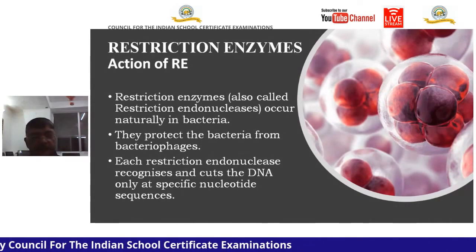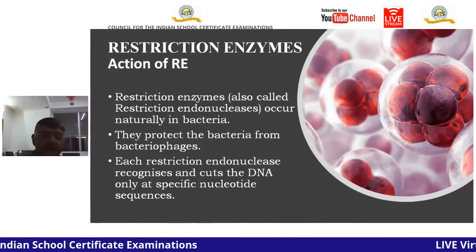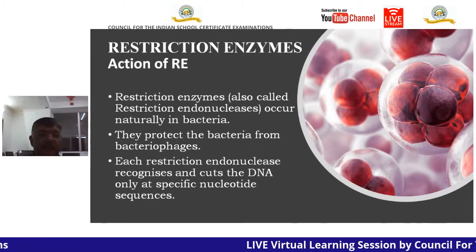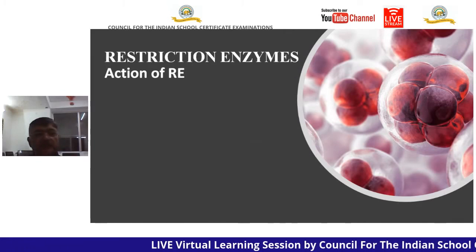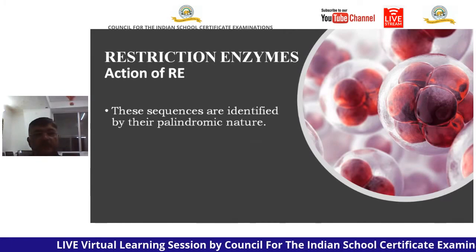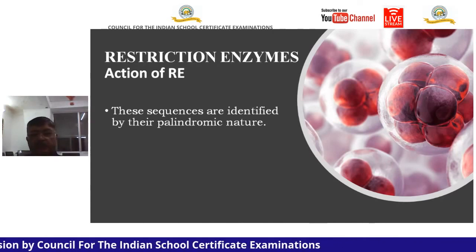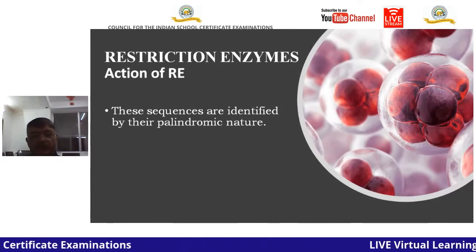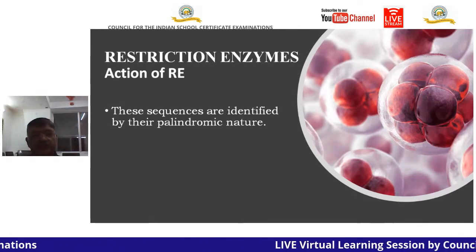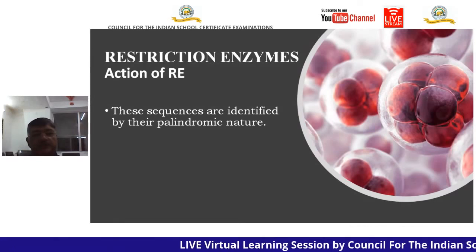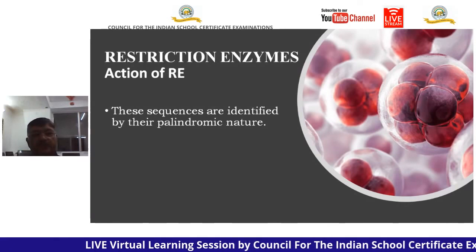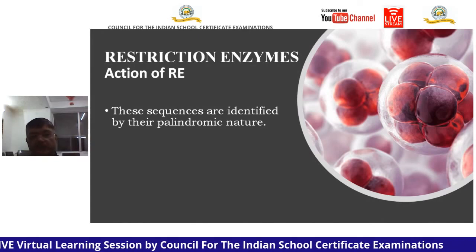This is just because the restriction enzymes have specific sites, and these sites are called restriction sites. These can be recognized by their palindromic nature. We will talk about the palindrome in the DNA in the next few slides, but this is a clue that the sequences are identified by their palindromic nature.